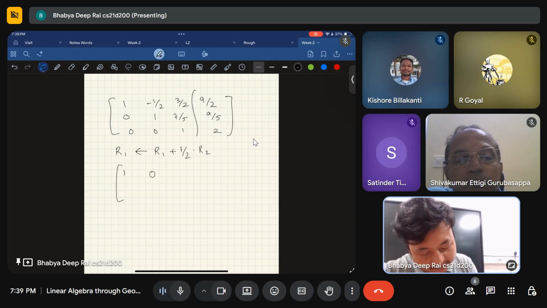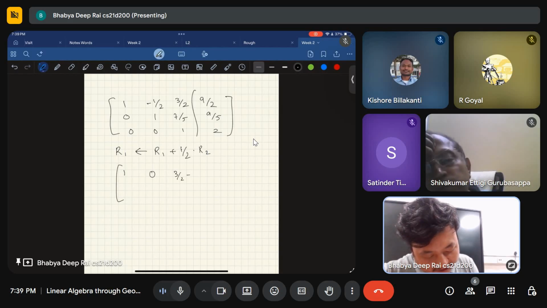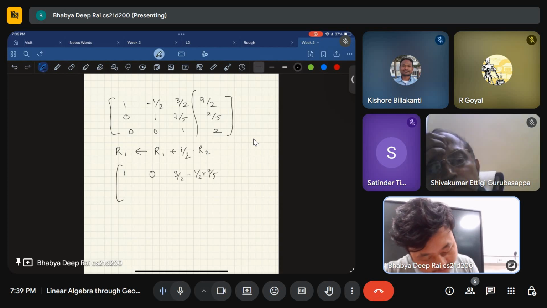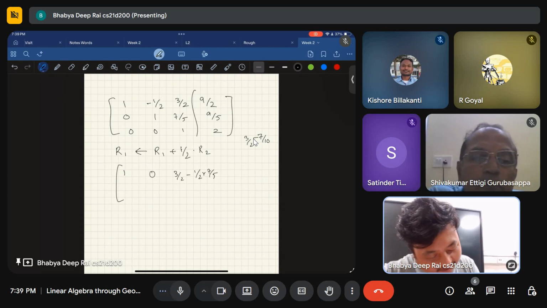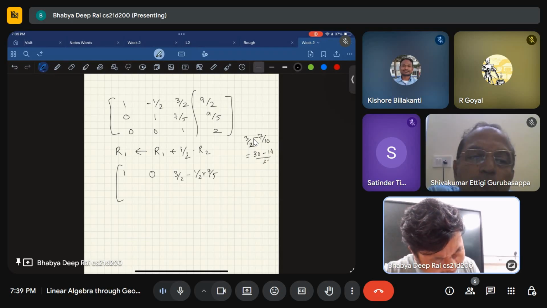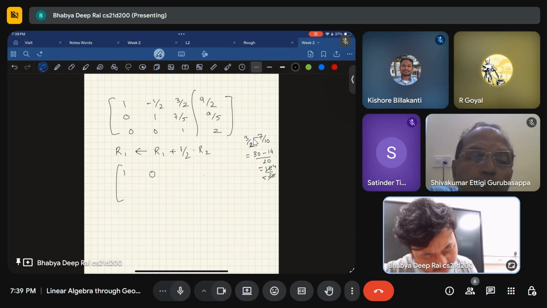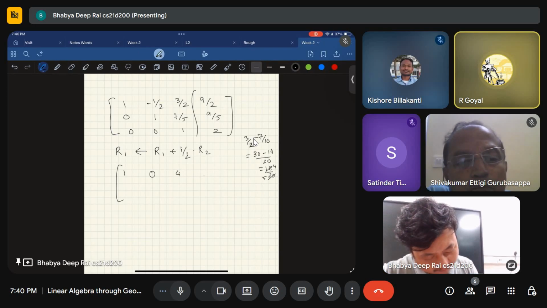Then I do 3 by 2 minus 1 by 2 times 7 by 5, which is 3 by 2 minus 7 by 10. This is addition, not subtraction: 3 by 2 plus 7 by 10.